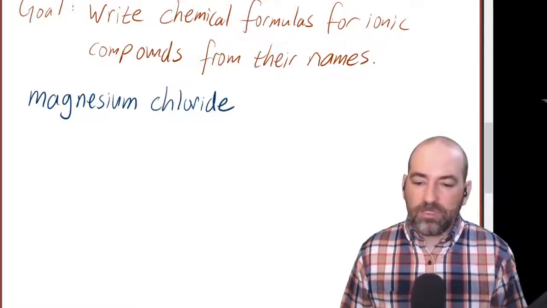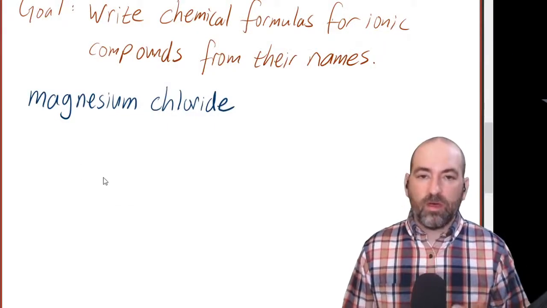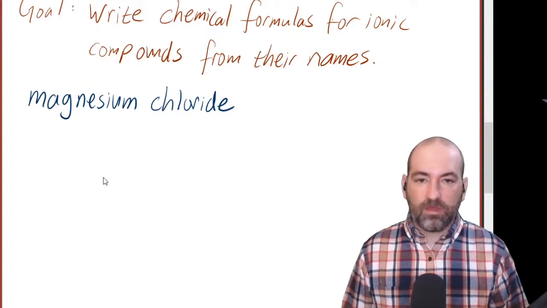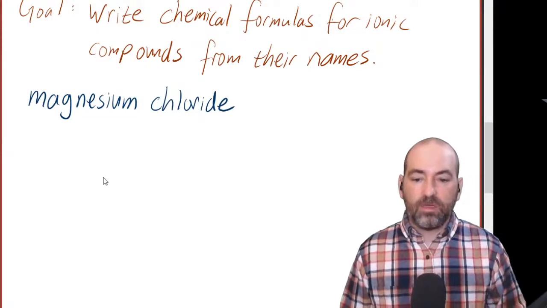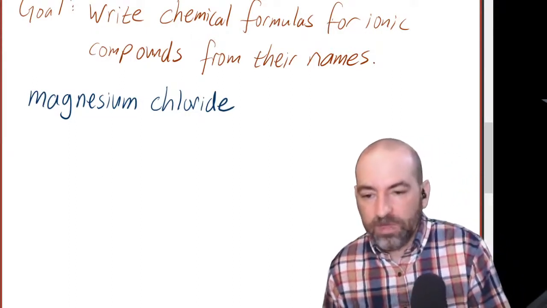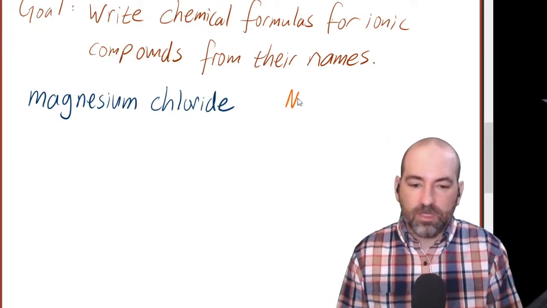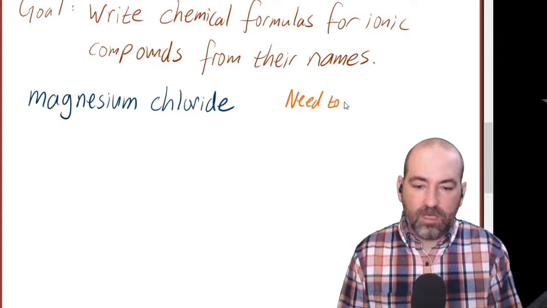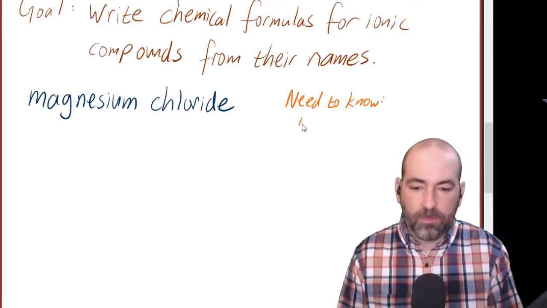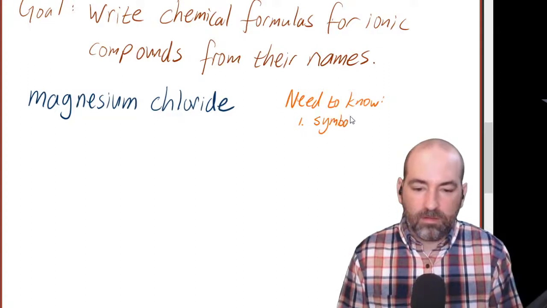All right, so our first step is we need to know the symbols for these elements, and we need to know their charges. Once we have those, then we're good, and we just have to put it together. So let's make a little note to ourselves that we need to find out the symbols.